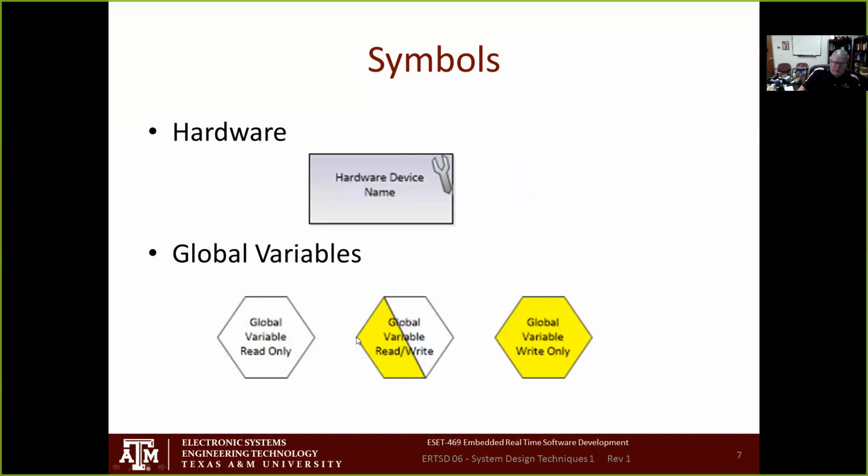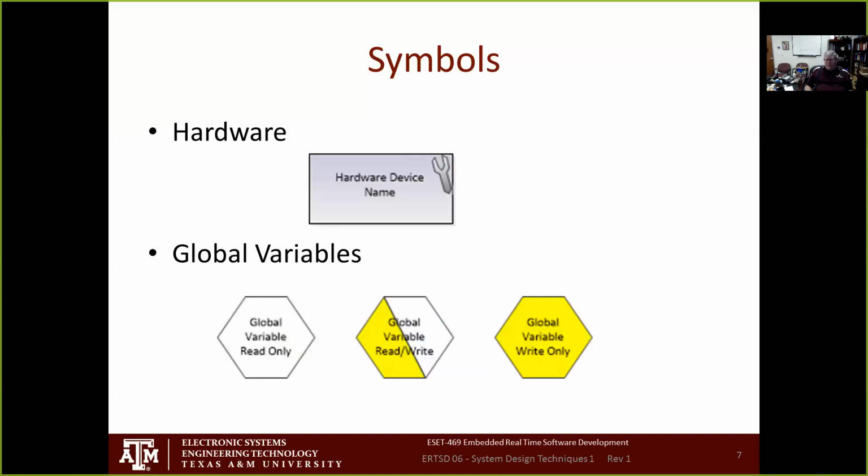Global variables we are representing with a hexagon. And by how we shade it, we can tell whether in this particular use of a global variable, it's going to be read-only, read-write, or write-only. And you say, well, what do you mean write-only?